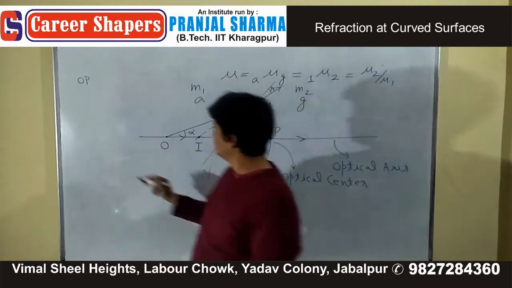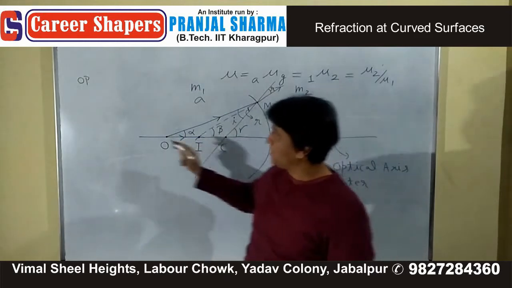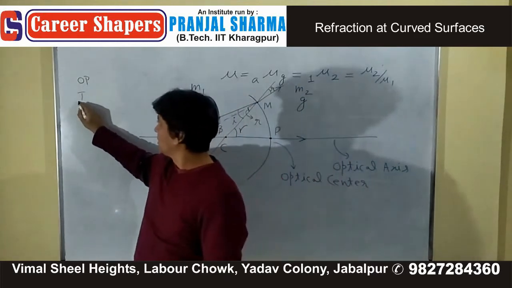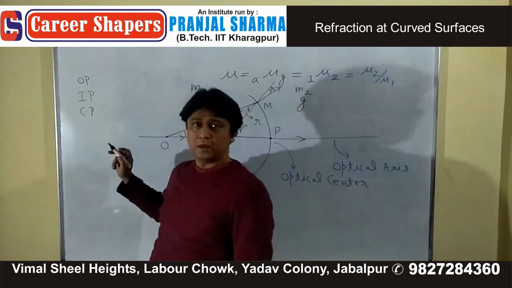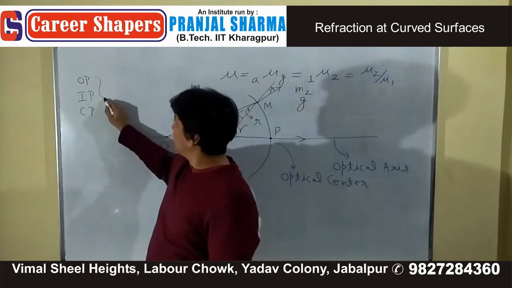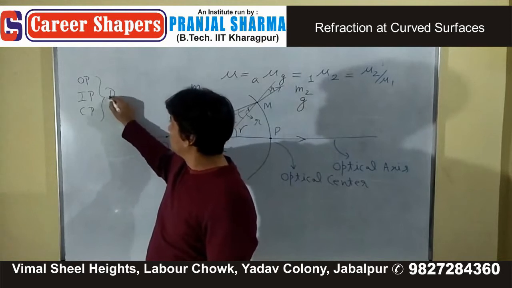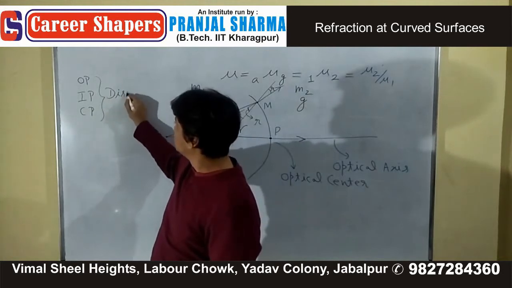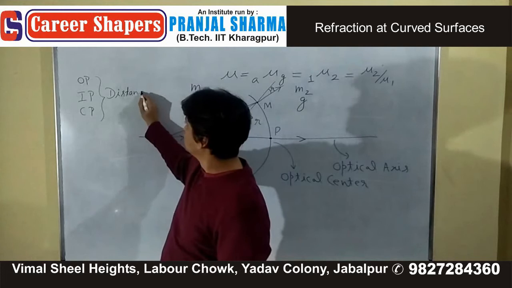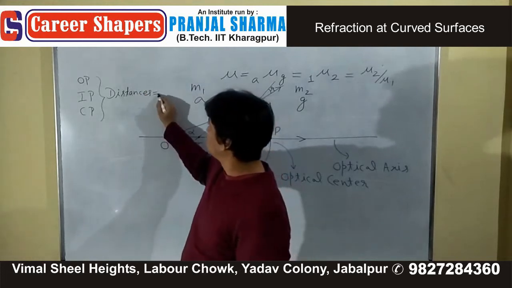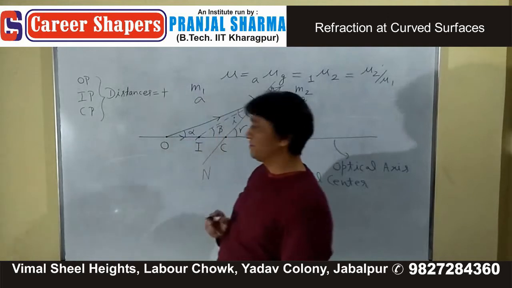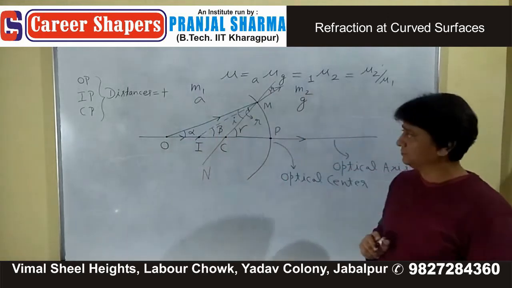OP, IP, CP. I told you in reflection also, these all are distances. And since these are distances, you will always take them positive without any sign.